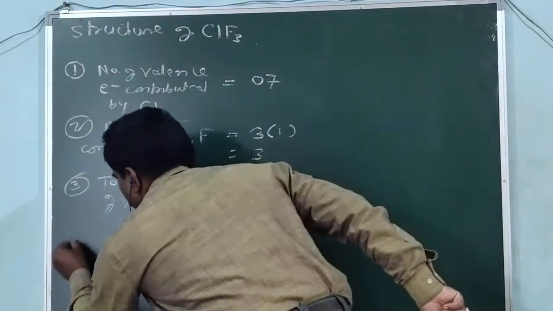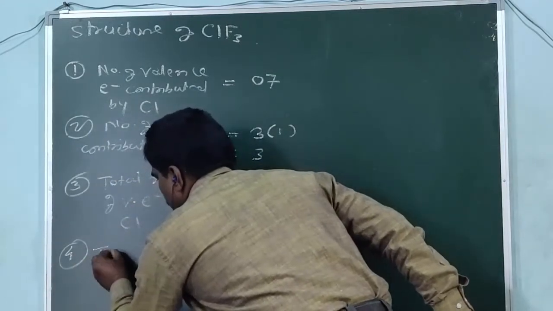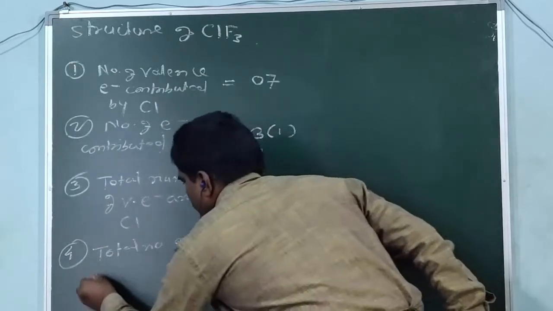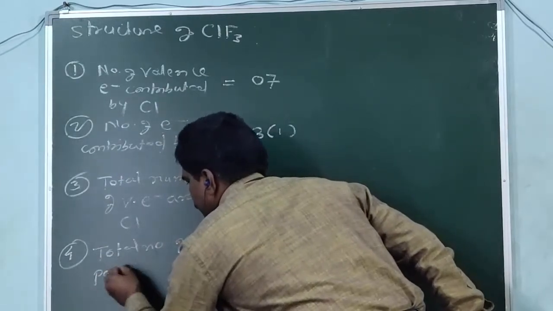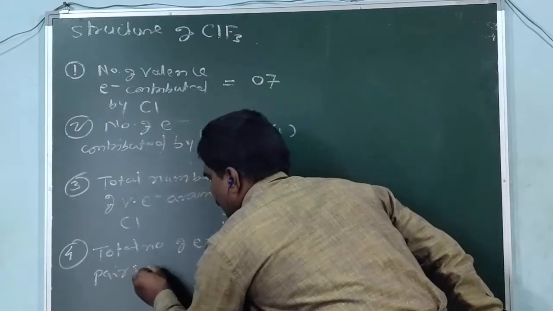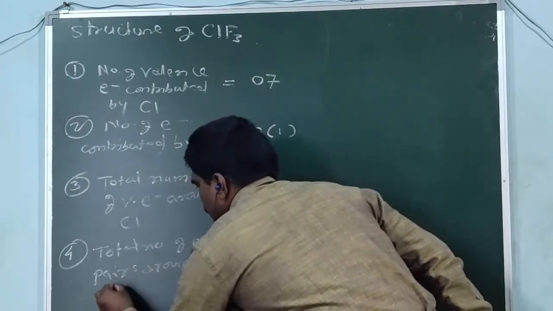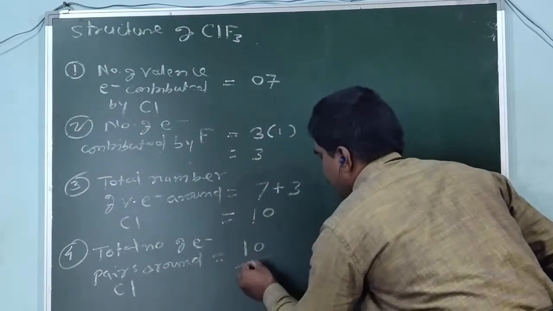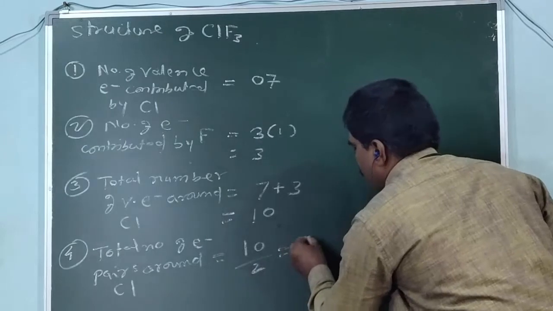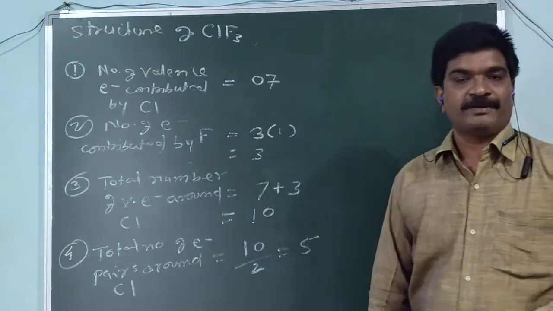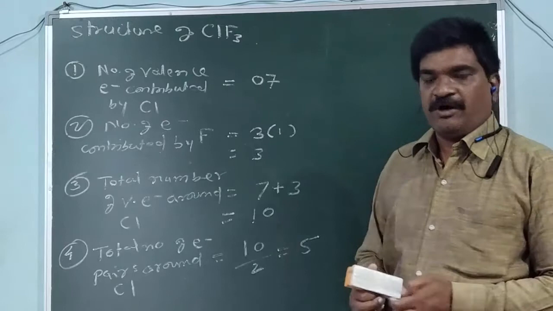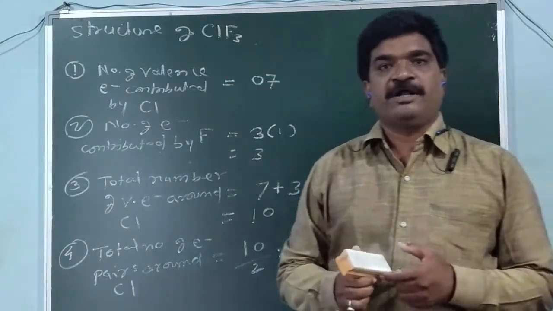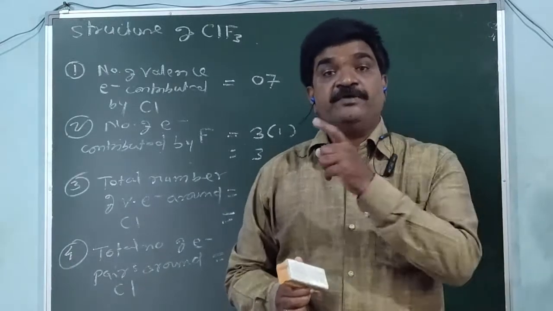So the total number of electron pairs around chlorine will be 10 divided by 2, you will get 5. So in all, in case of ClF3, the central chlorine atom is surrounded by 5 electron pairs.